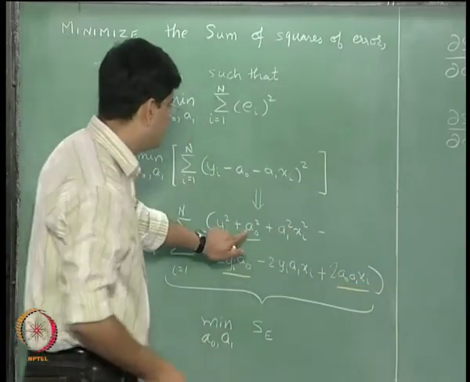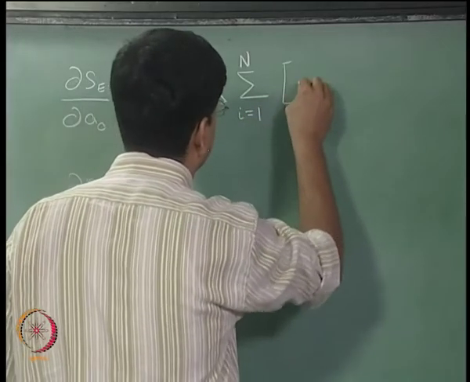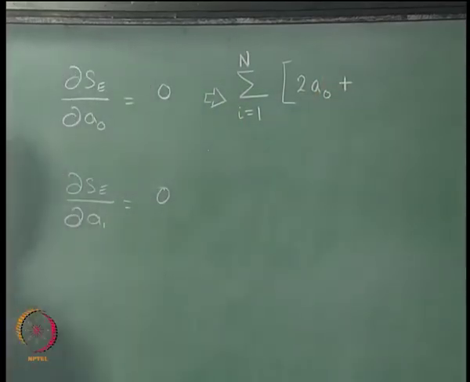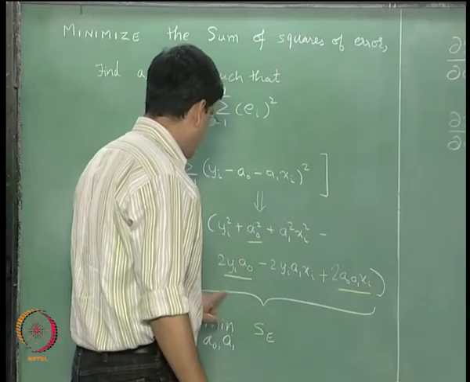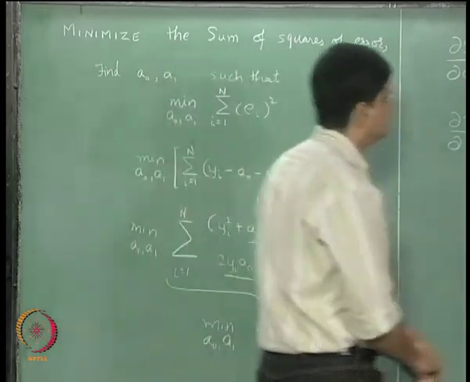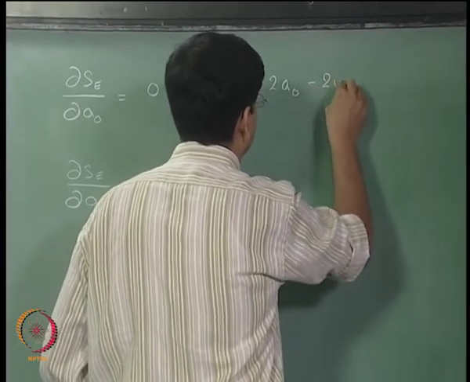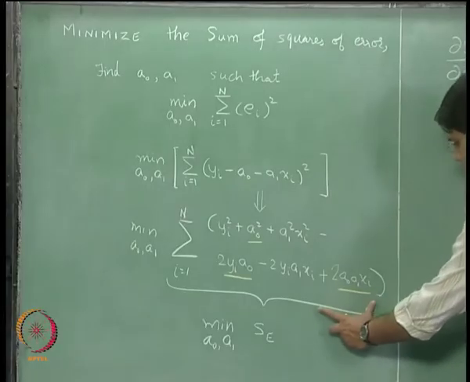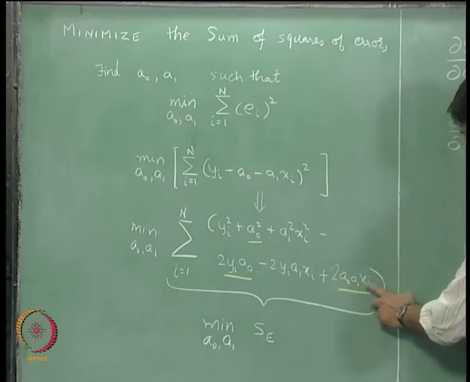The first term is going to be 2 times a0, the second term is minus 2 times yi, and the third term is going to be 2 times a1 xi.